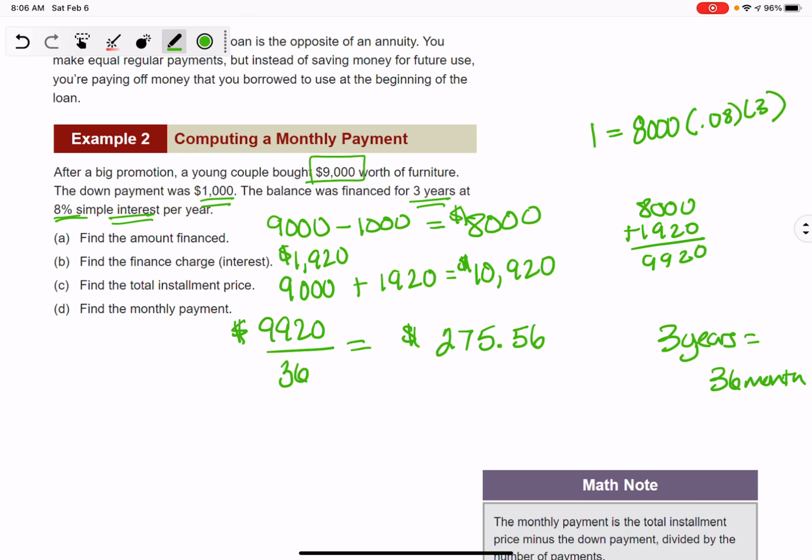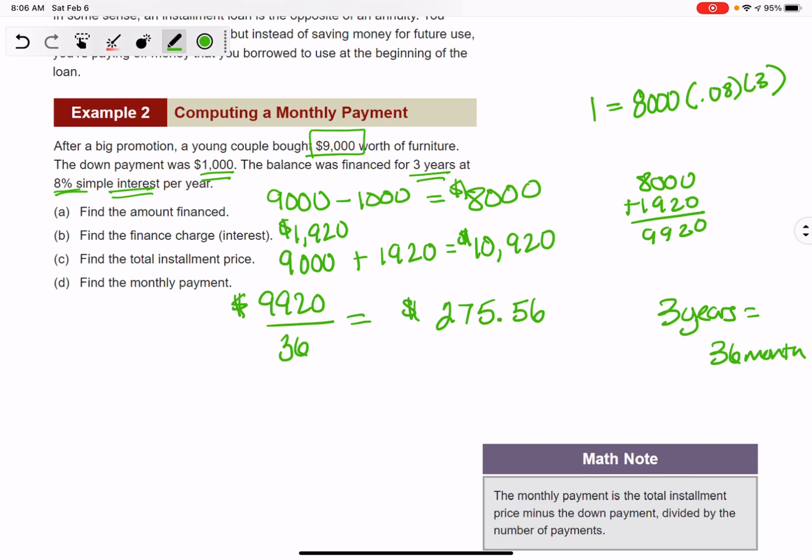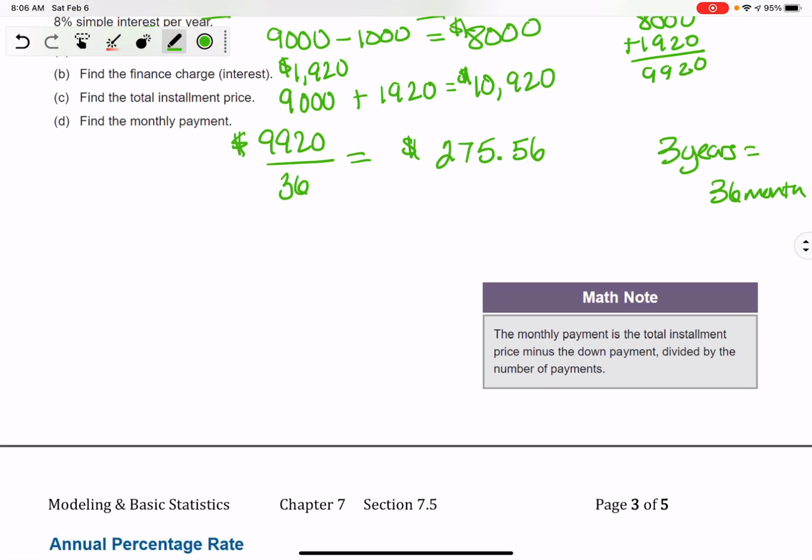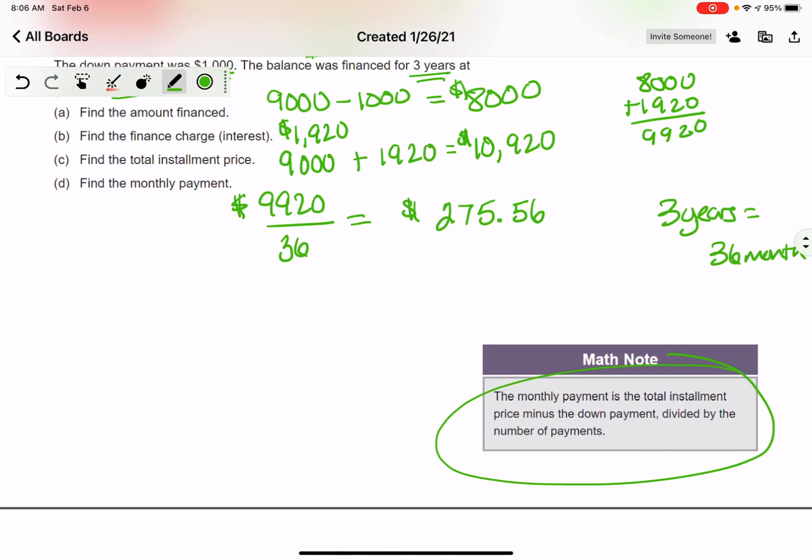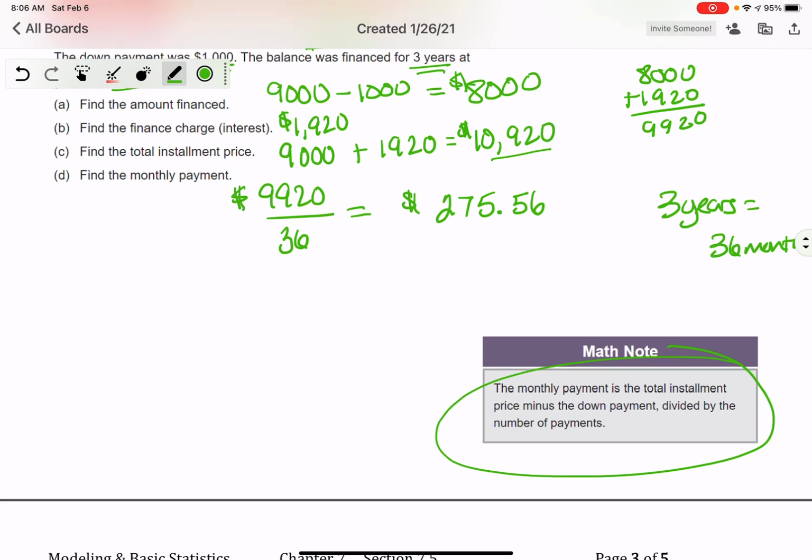We know what the interest is, and we know how long she's going to have to pay. So we'll have to divide those. The monthly payment is the total installment price minus the down payment divided by the number of payments. Okay, and that's what we did. The total installment price minus that down payment, which was $1,000, and then divided by 36.